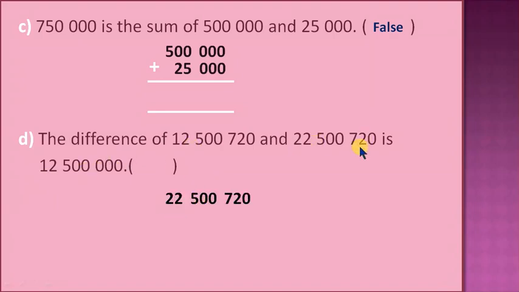First copy this figure, 22,500,000 and 720, and now copy 12,500,000 and 720. Now subtract. False, because you can see here 0 0 0 0 0 0 and 2 and 0. 2 minus 1 is 1. No, we cannot find this value in the answer. Okay, that's why this statement is false.